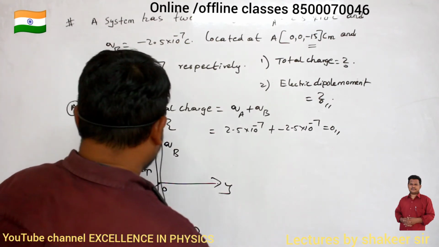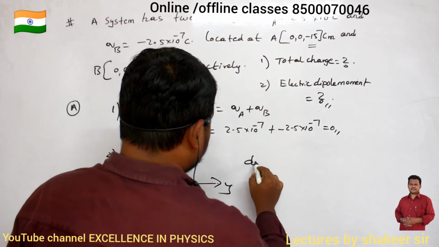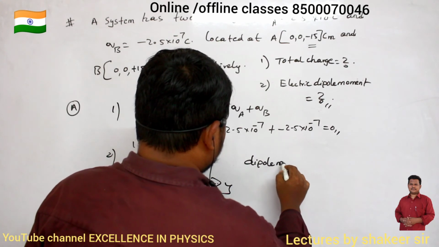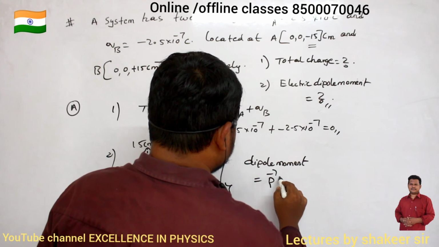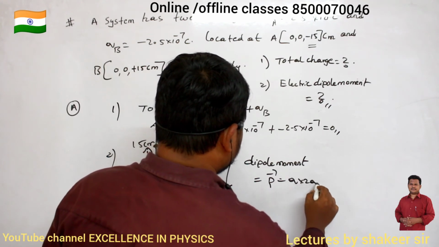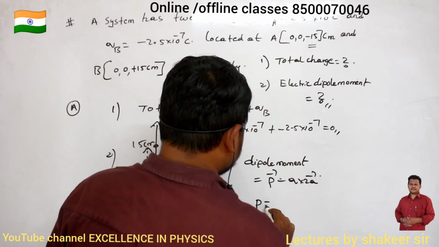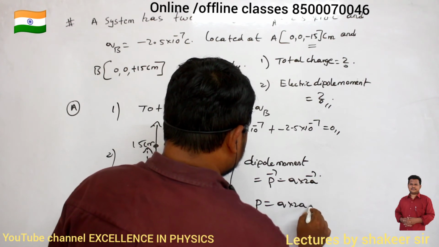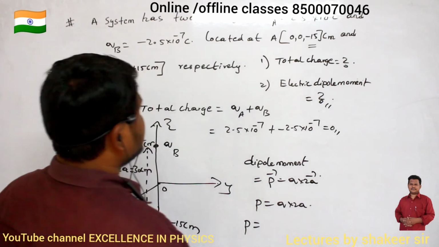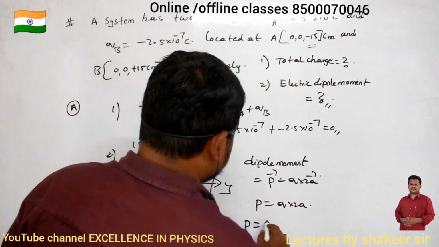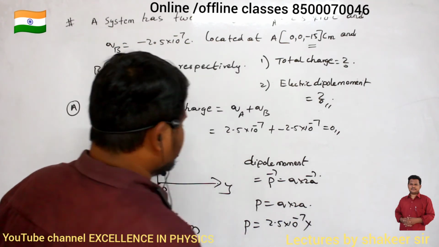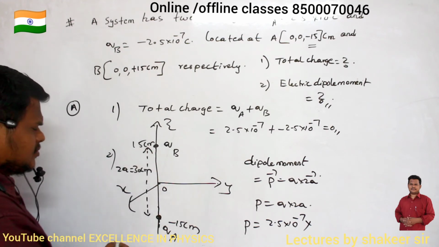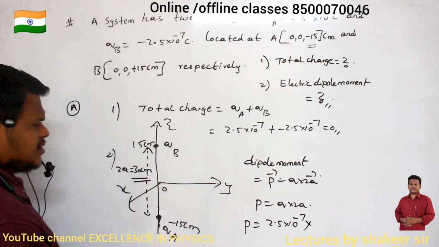So what is the formula for dipole moment? P dash is equal to Q into 2a dash, or I will write P is equal to Q into 2a. Each charge is 2.5 into 10 power minus 7, and 2a is the distance between the charges, 30 centimeters, which is 0.3 meters in SI.